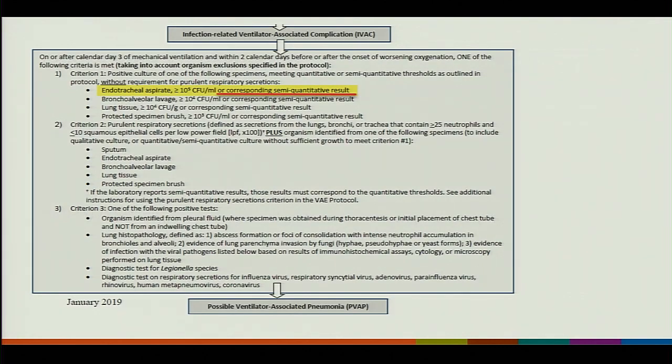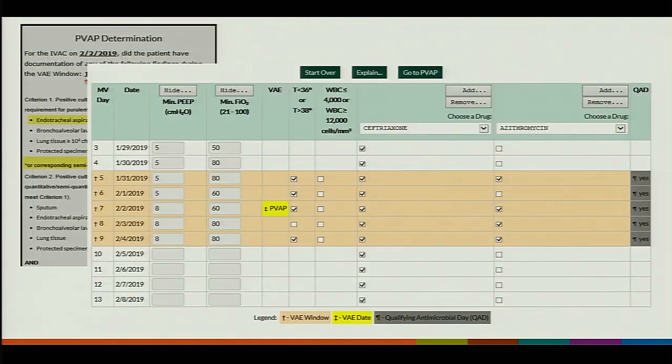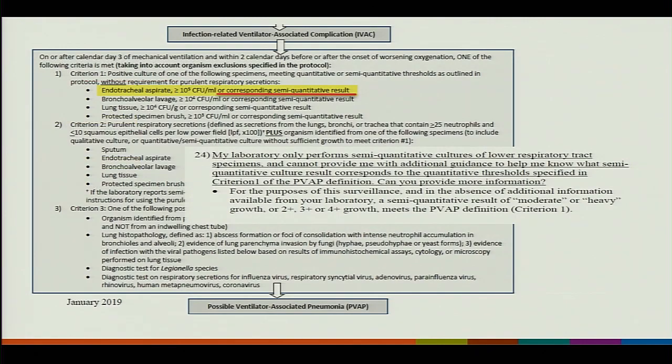We had a BAL, or was it an endotracheal? Let me see, what was it? No, I don't remember. We had a specimen, okay? We're going to find out in a couple slides later here, that met the quantitative amount.